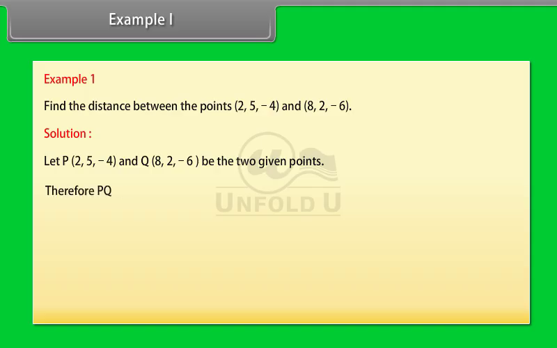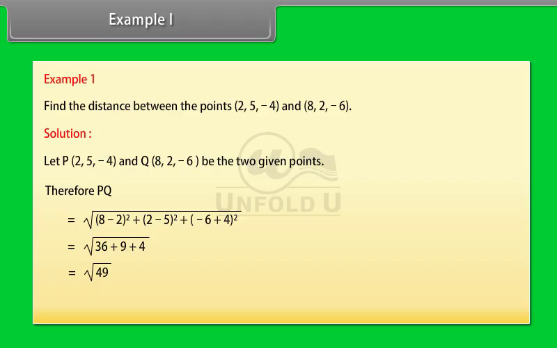Therefore, PQ is equal to the square root of (8 minus 2) squared plus (2 minus 5) squared plus (-6 plus 4) squared, which is the square root of 36 plus 9 plus 4, which is the square root of 49, which is equal to 7.